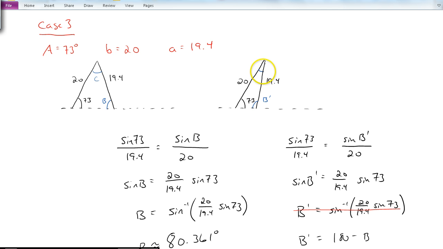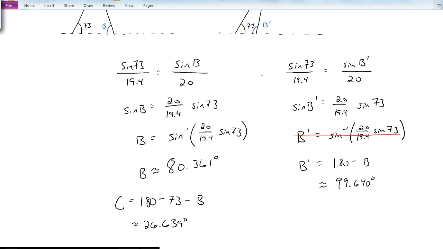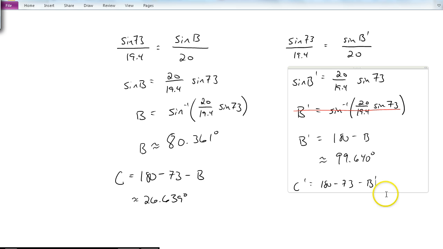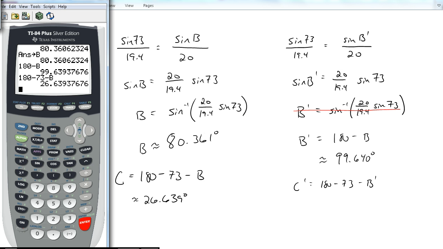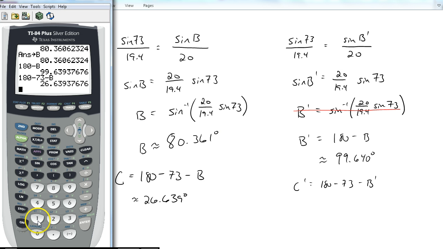And then over here, this little guy up here, this is what I'm going to call C prime. Angle C prime is equal to 180 minus 73 minus B prime. Okay, I forgot to store B prime. That's okay. So I'll type it in again: 180 minus alpha B. That's my 99.640.